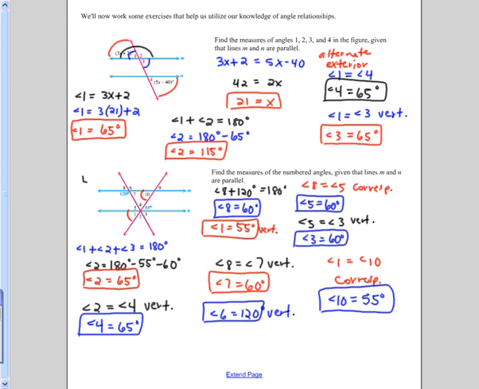And angle 10 and angle 9 are vertical. So angle 9 is also 55 degrees because it is vertical to angle 10. So we have 1, 2, 3, 4, 5, 6, 7, 8, 9, 10. All of our angles have been found, maybe not in the most conventional ways, but they've been found, and hopefully that has given you a great illustration of how to use these angle relationship properties.